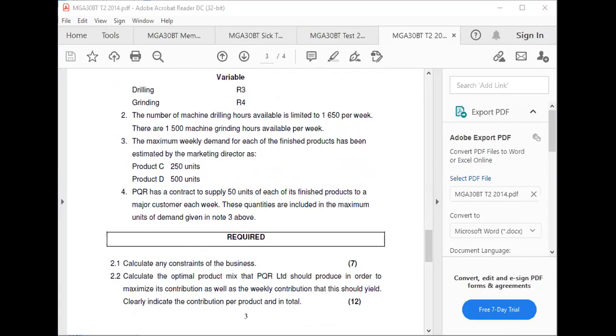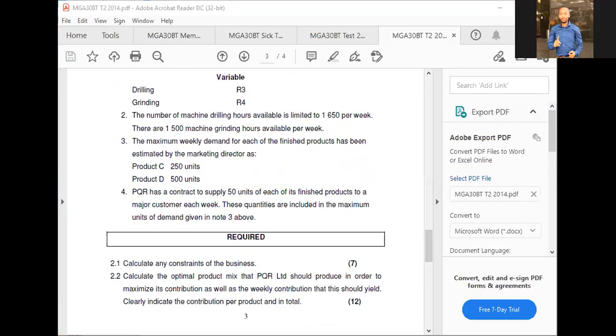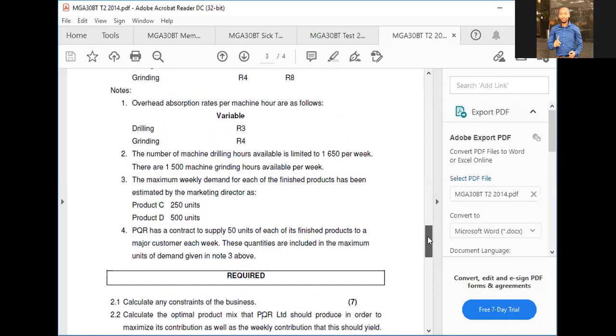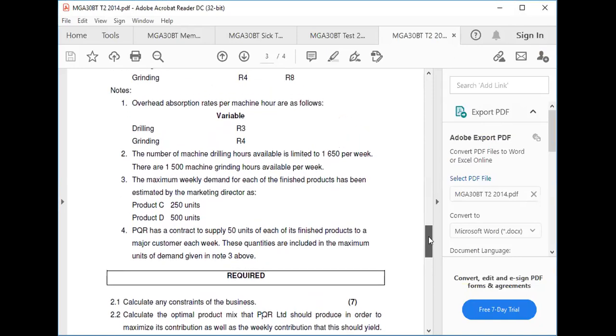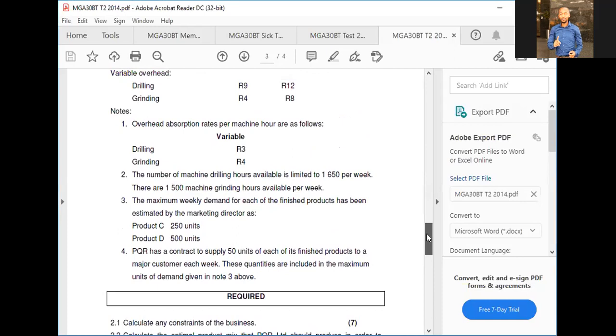Yeah, so you do have constraints, limiting factors. So your limiting factor is your constraint, guys. Do you know what this constraint is, before you even continue? Constraints or limiting factor.